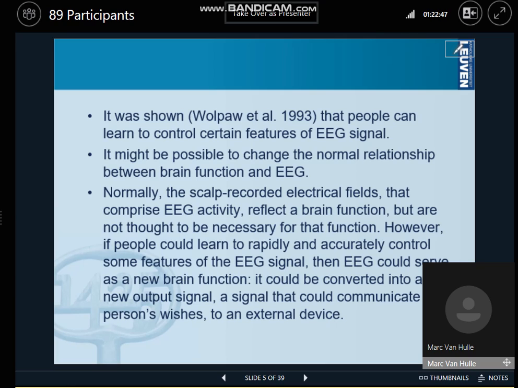So after training, you can change the normal relationship you have between brain activity and brain functioning, and the EEG that picks up that activity.